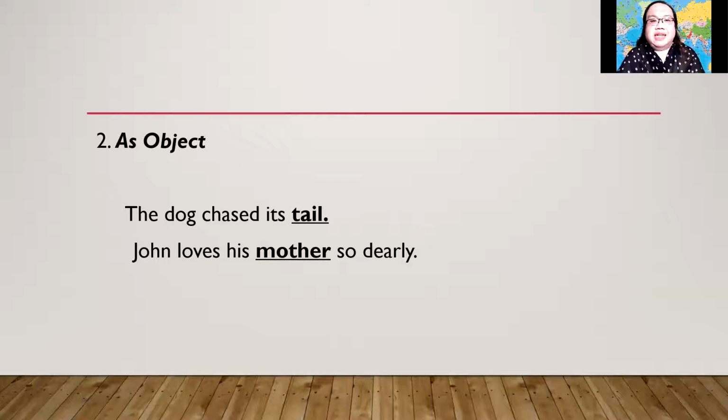As far as the second sentence is concerned, John is the subject, and the one receiving the action coming from John is his mother. Therefore, objects are the receivers, they're the ones receiving the action.